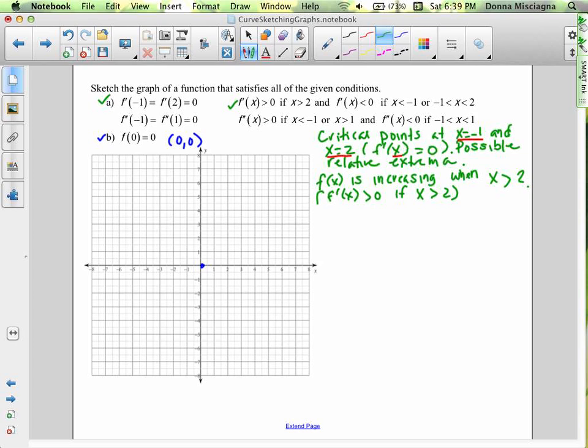And the first derivative is less than 0 if x is less than -1 or x is between -1 and 2. So that means that f of x is decreasing when x is less than -1 or between -1 and 2.